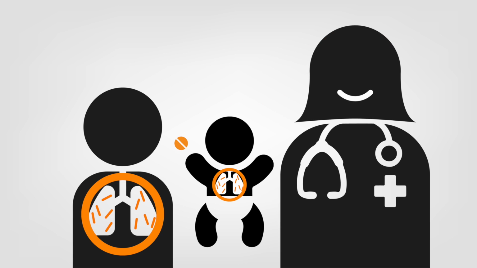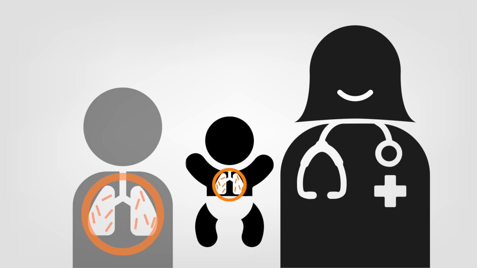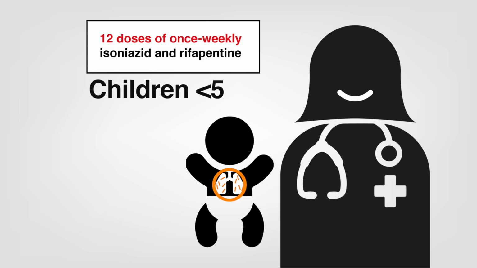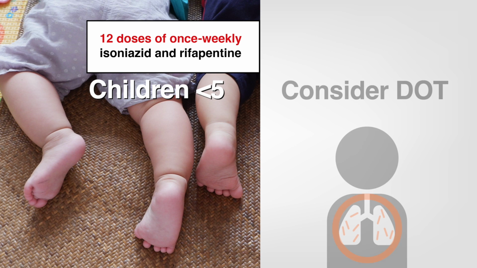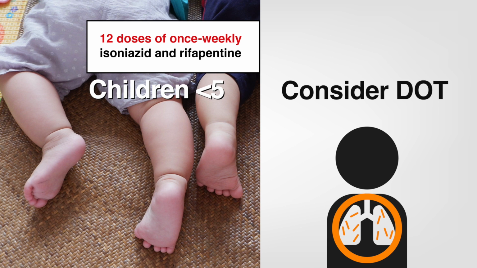If possible, consider DOT for children, especially those younger than 5, and those on the 12-dose isoniazid and rifapentine regimen. Given the increased risk of progression to severe TB disease in young children, as well as the smaller number of doses in the once-weekly isoniazid and rifapentine regimen, it is important to ensure that doses are not missed.